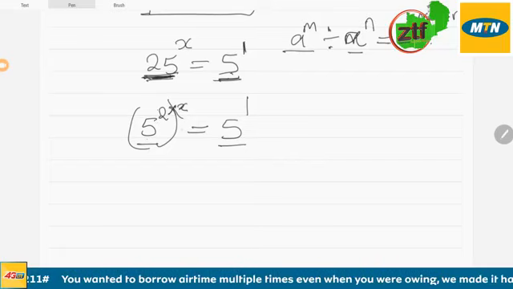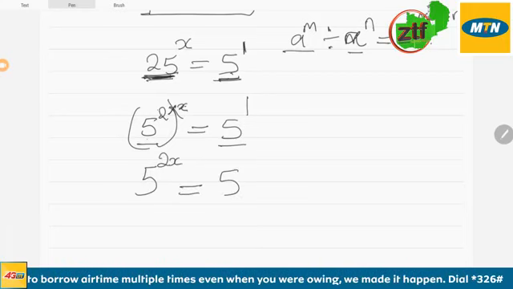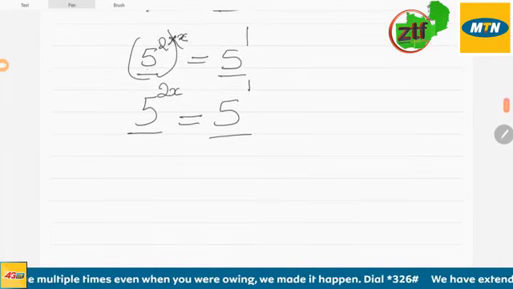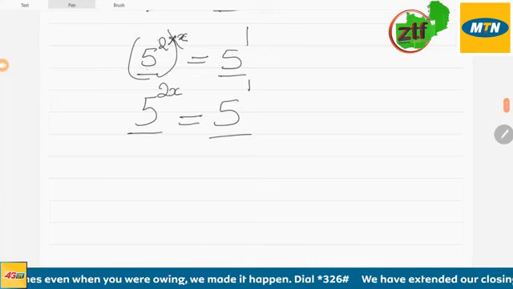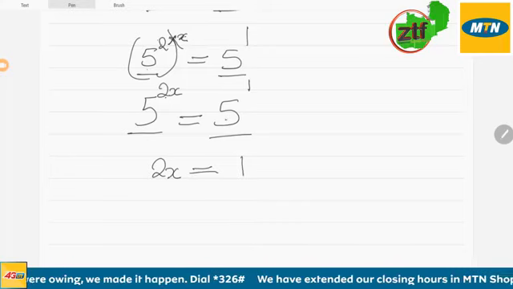We're saying 2 times x, we are going to have 5 to the power 2x equals 5 raised to power 1. Now that the bases are the same, it puts us in a better position to straight away equate the powers by saying 2x equals 1 because 5 is raised to power 1.